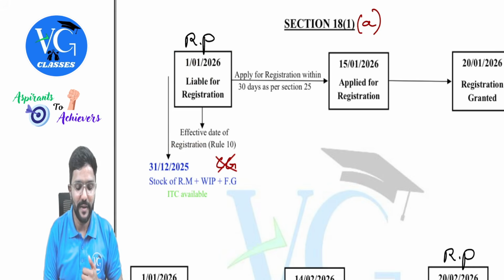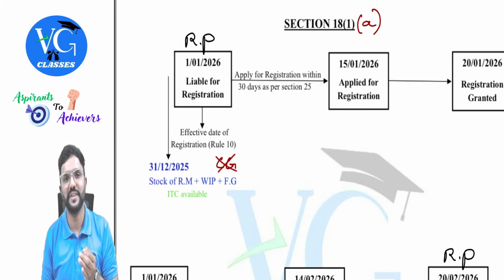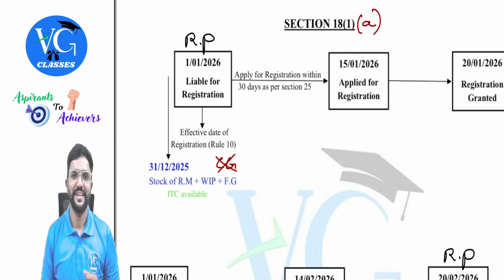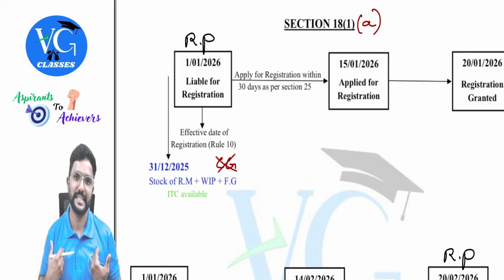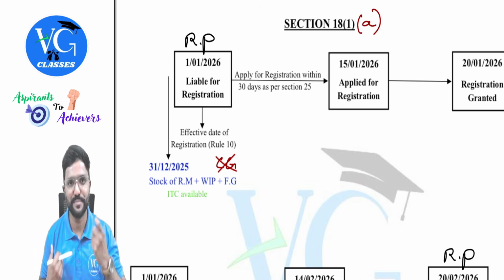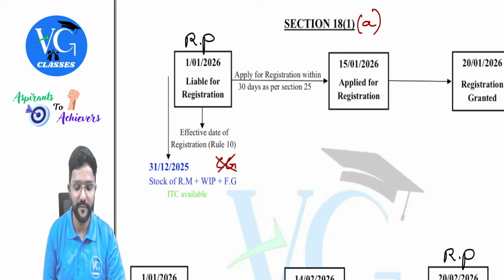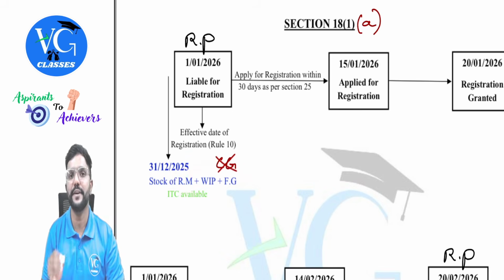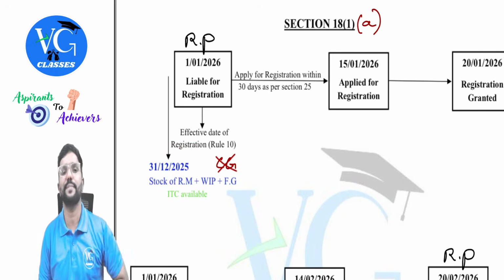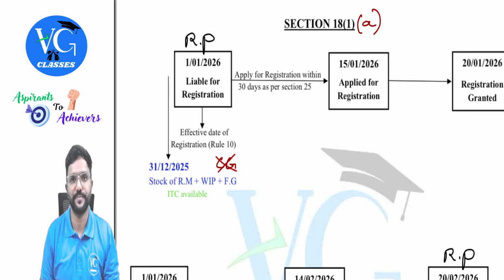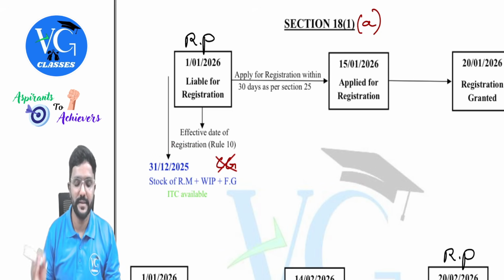So I will be using this stock on or after 1st January when I am a registered person, and anything I supply on or after 1st January, I am liable to pay output tax. So as a special case, they are giving credit for the stock of raw material, WIP and finished goods I have on 31st December, even though I purchased it when I was unregistered. Is that clear? Yes. Okay.